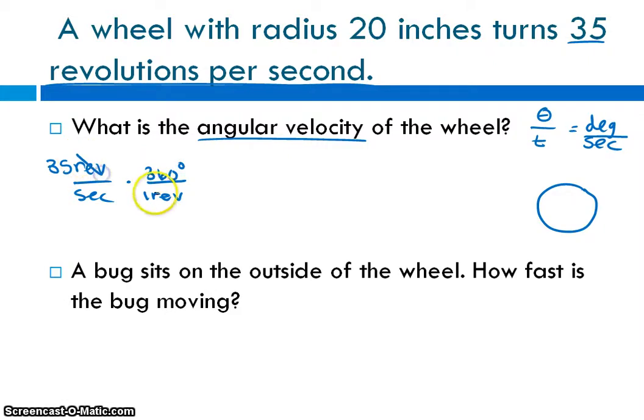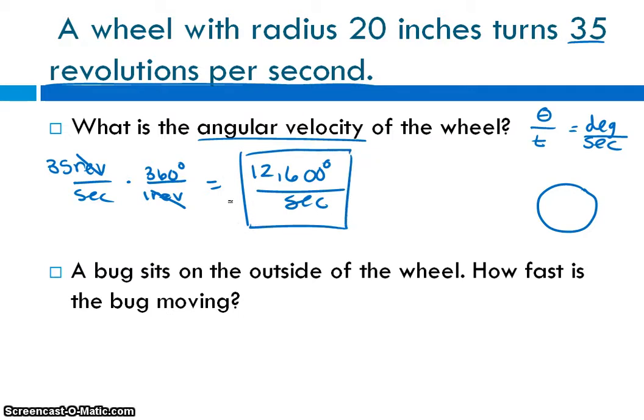So then the revolutions cancels with the revolutions. And it's legal to multiply by this because this is our conversion factor. 360 degrees equals 1 revolution. So 35 times 360 is 12,600 degrees per second. And that is the angular velocity of the wheel.